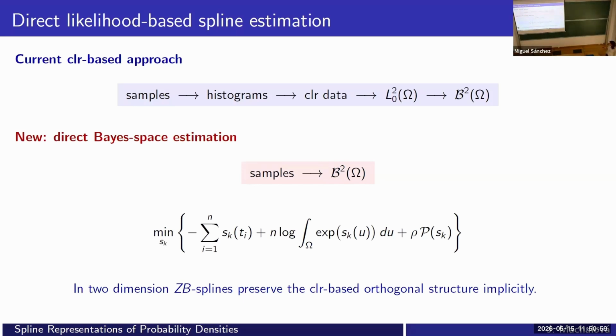This is the expression for the univariate case, but of course we can do it in two-dimensional and multivariate cases. So we want to minimize this expression, where the first part stands for maximum likelihood, the second part is for normalization, and the third part is of course some penalization. And again, we can use whatever we want as a penalty.